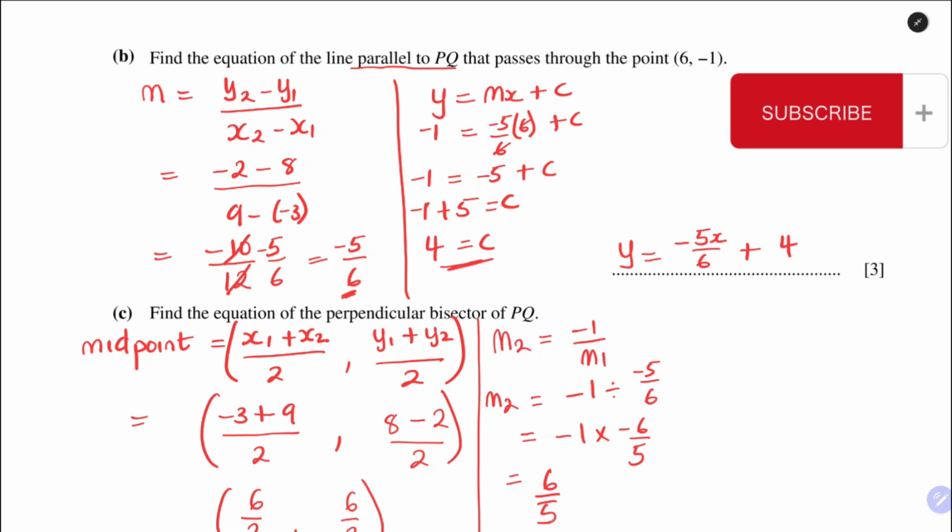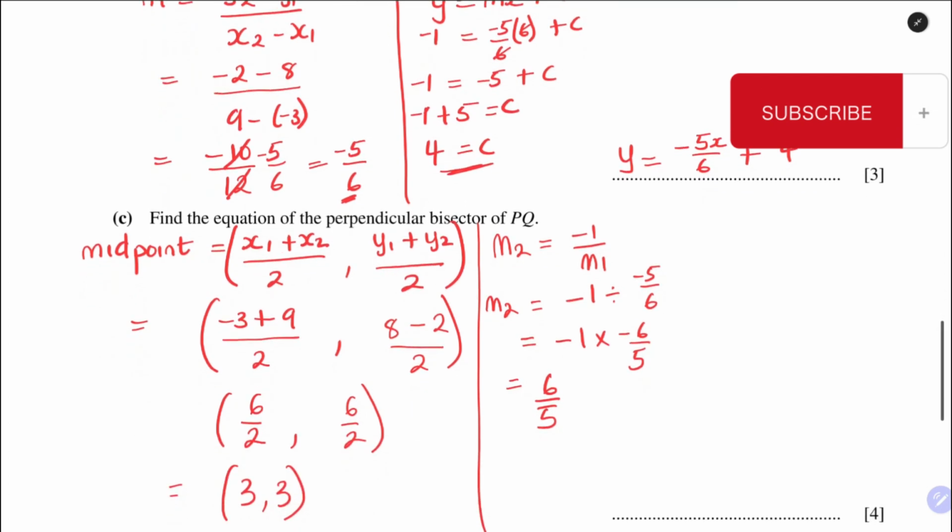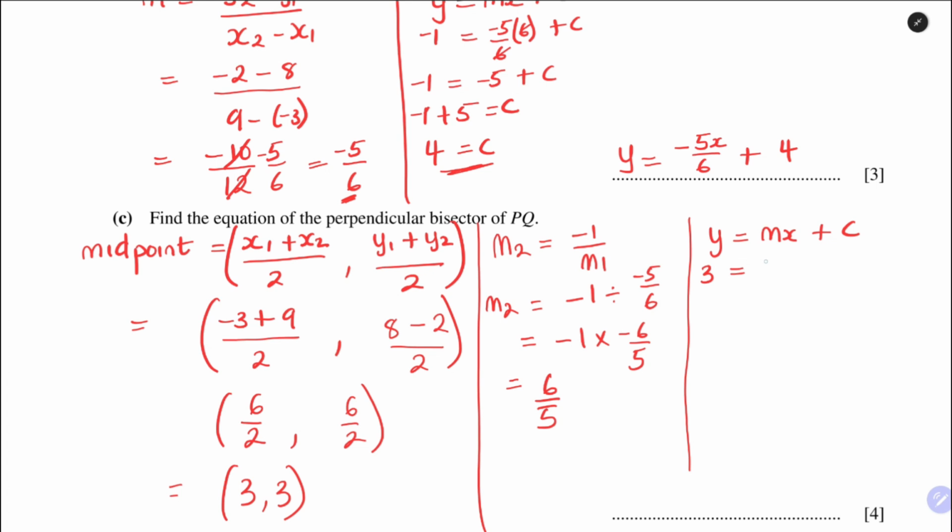Beautiful. So we have our gradient and we have the point the line is going to pass through. All we need now is to find our c. Our c will be calculated by y equals mx plus c. Our y is 3 equals our gradient 6 over 5 times 3 plus c. So 3 equals 18 over 5 plus c, and that is 3 minus 18 over 5 equals c.